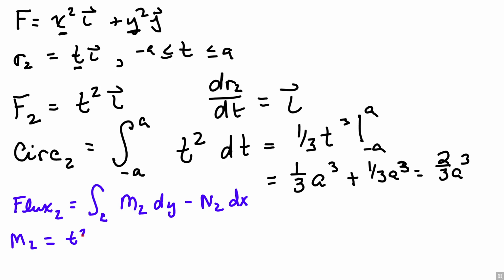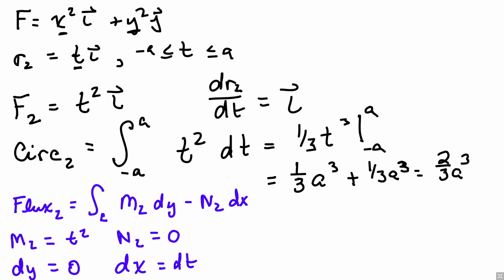Right. Now, N2 is going to be what? 0. Good. All right, then next, we have dy, which is going to be what? 0. Good. And then dx is going to be what? 1. Or, yeah, 1 or just dt.